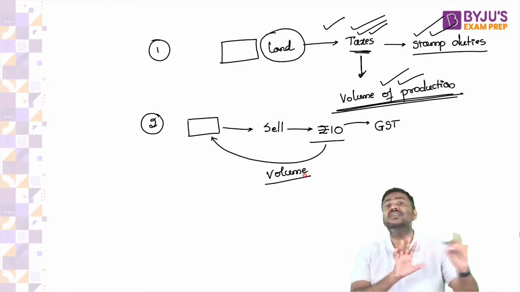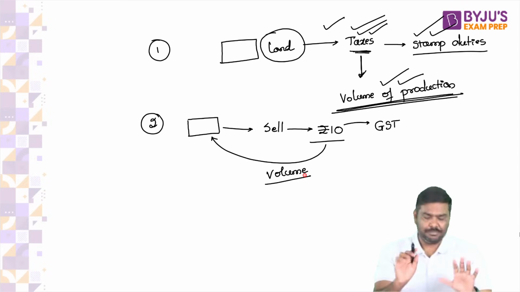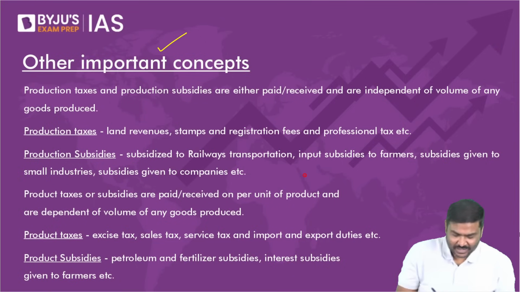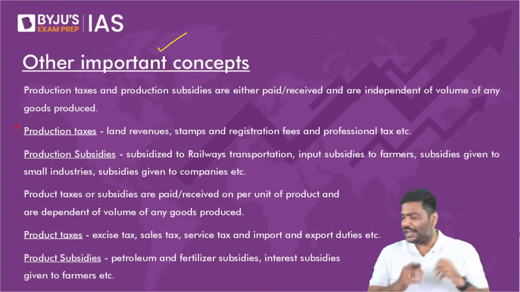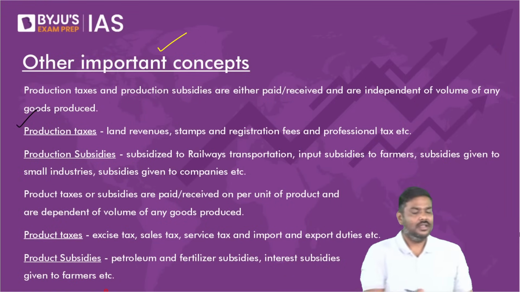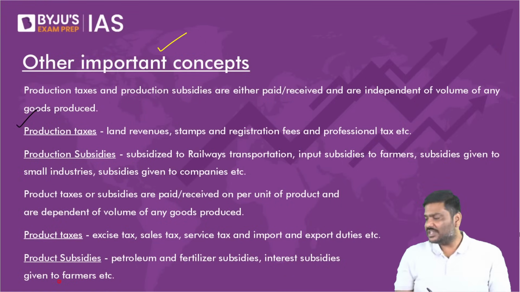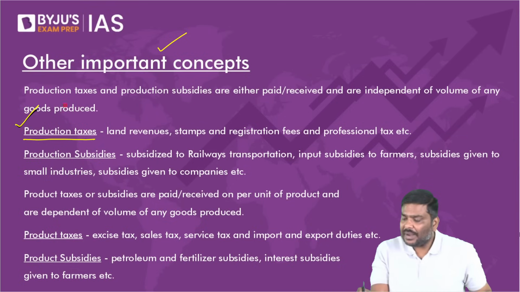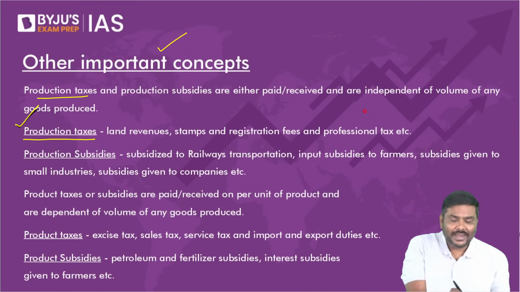Sir, why are you discussing all of this so much? Simple, right? Understand now. Many of you are saying, no, sir, taxes. How taxes are accounted? Tell me, tell me. Understand. There are certain taxes which are imposed, which are called as production taxes. And please remember this, production taxes are independent of volume of any goods produced.